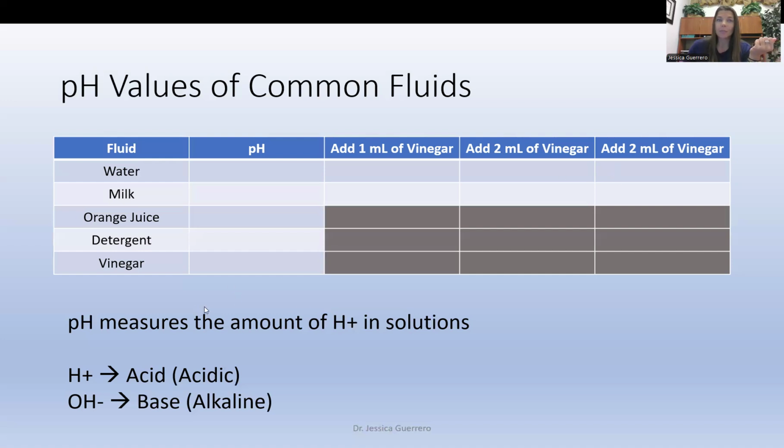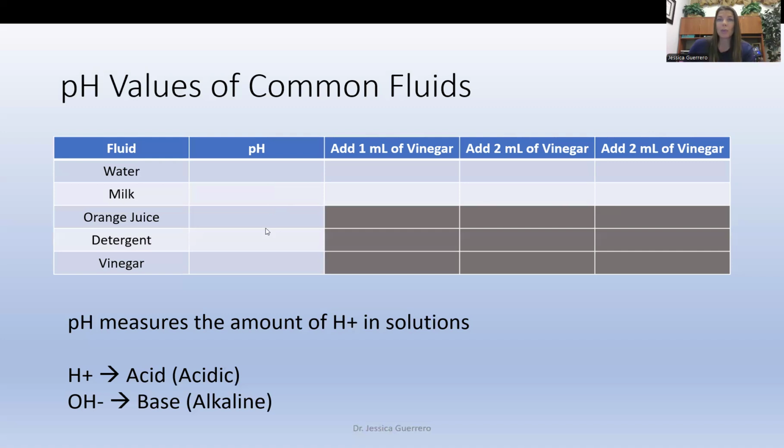Basically, what you should have seen is water should have started off with a kind of neutral pH. And then as you added vinegar, it became more acidic. Milk should have started off as kind of an alkaline or slightly basic pH, and then as you added vinegar, it became more acidic.